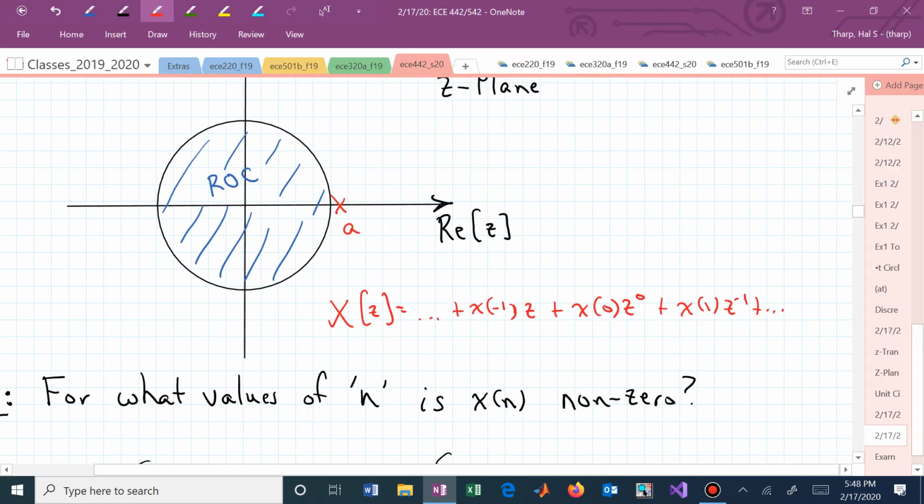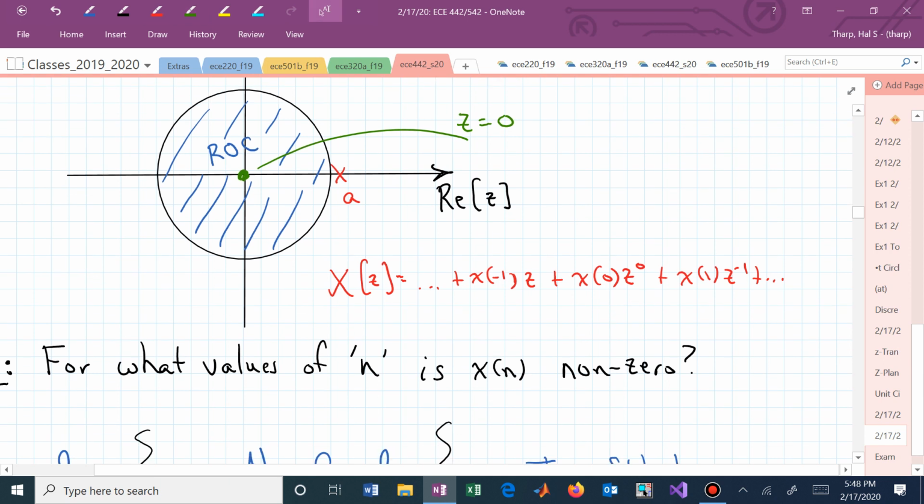Here an extreme value might be right there when z is equal to 0. And what happens when z is equal to 0 to that piece? Now we're dividing by 0, which says if x of 1 was anything non-zero, that would make the whole sum blow up, and we can't have that if we have a bounded or converging series, a sum of terms summing to something less than infinity.